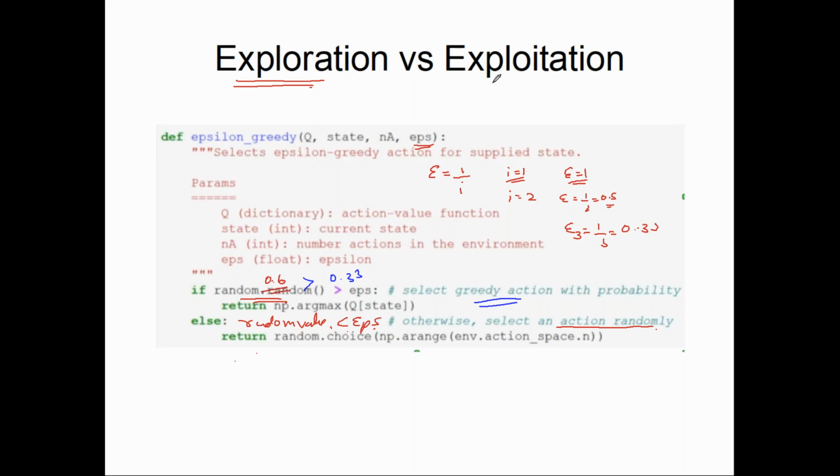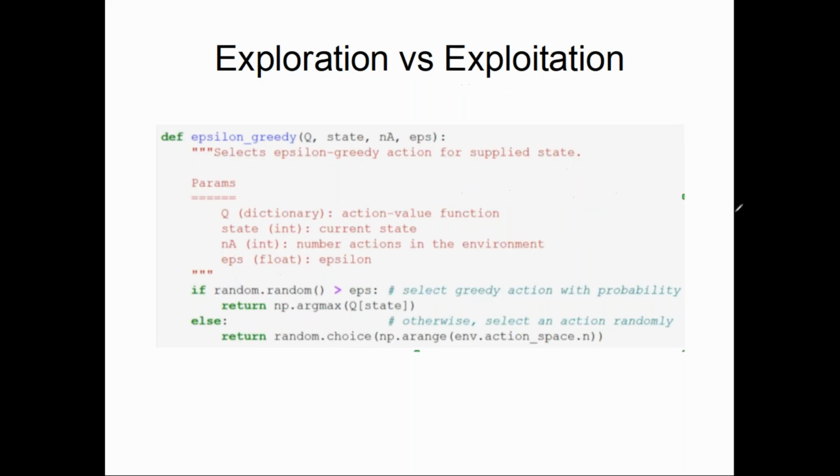That is, it is able to do exploitation. The known things it is able to exploit. So by defining a random value in this algorithm, we are able to create a good code where we can say how best to do this exploration and exploitation.